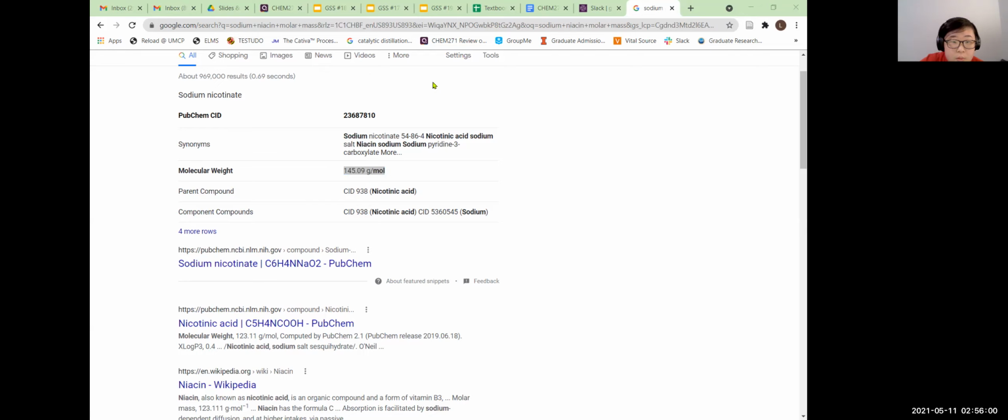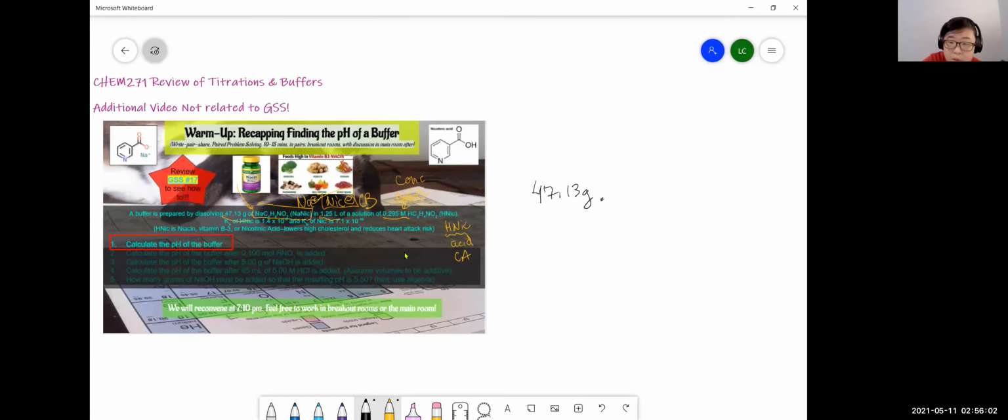So if we go back to our whiteboard, we do 47.13 grams divided by 145.091 grams per mole for moles of NaNiC, and you should get 0.3248 moles of NaNiC.